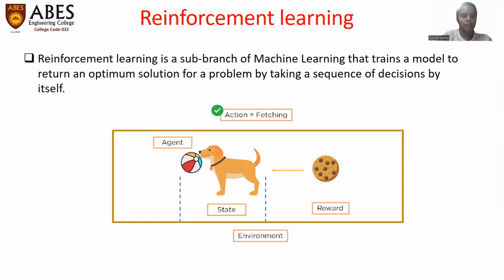Here you see a dog with a ball, and in one picture it has a cube as a reward. Here the dog and the ball are working as an agent and the state, and all of these are the environment. The dog is doing some actions.